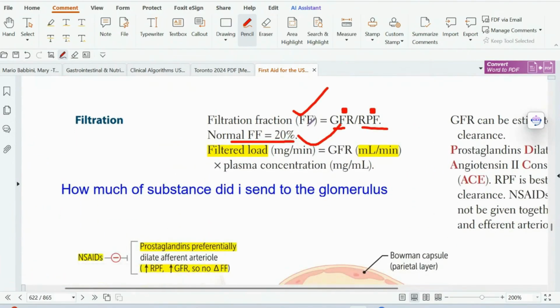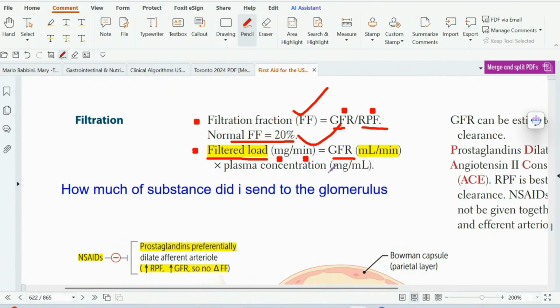Now, because it's a fraction, this is also volume per minute, and this is also volume per minute. That's why this does not have a unit. If I need to calculate how much actual concentration is going through that system, they came up with filtered load. The value is concentration per minute, milligrams per minute. All they did was take the GFR and multiply it with the plasma concentration of whatever substance.